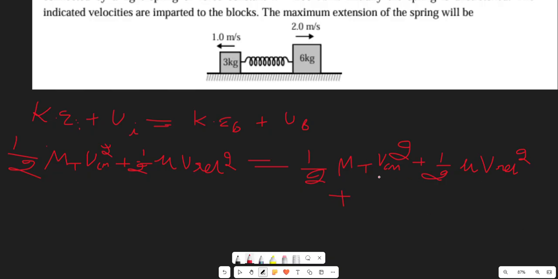But there is also potential energy at its final stage because the spring will be in its extended form. So let's take the extension of the spring as x. So we will get the spring potential energy as half k x square.